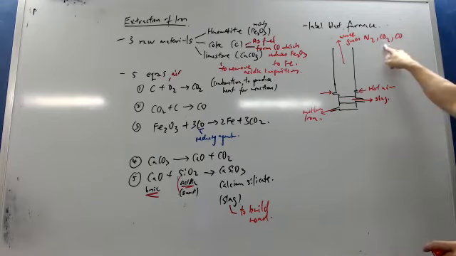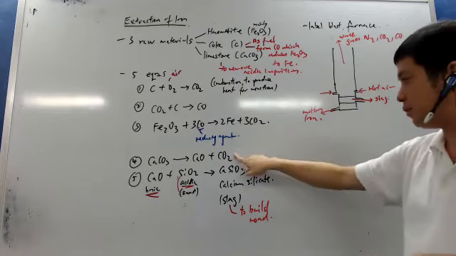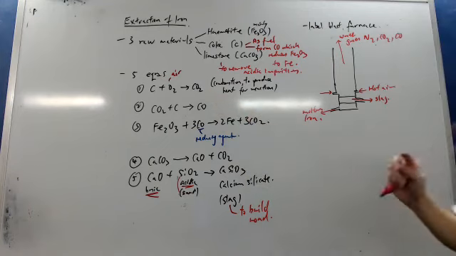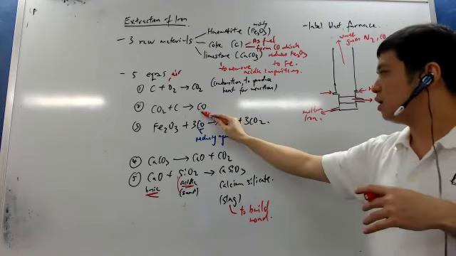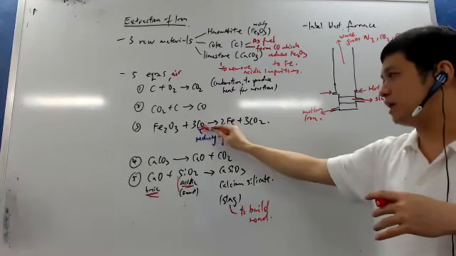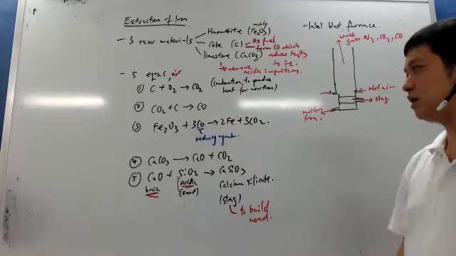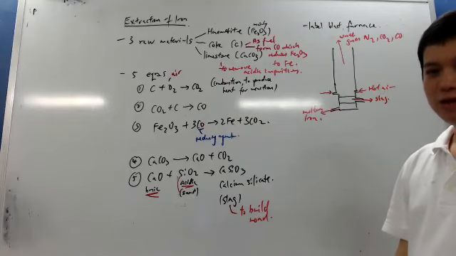Carbon dioxide, you can see from all these equations, carbon dioxide is produced again and again. So you have a lot of carbon dioxide released. Carbon dioxide is not exactly an air pollutant, but it's a greenhouse gas. Third one is carbon monoxide. Carbon monoxide is produced here, and although it reacts here, in the blast furnace there's a lot of carbon monoxide produced.